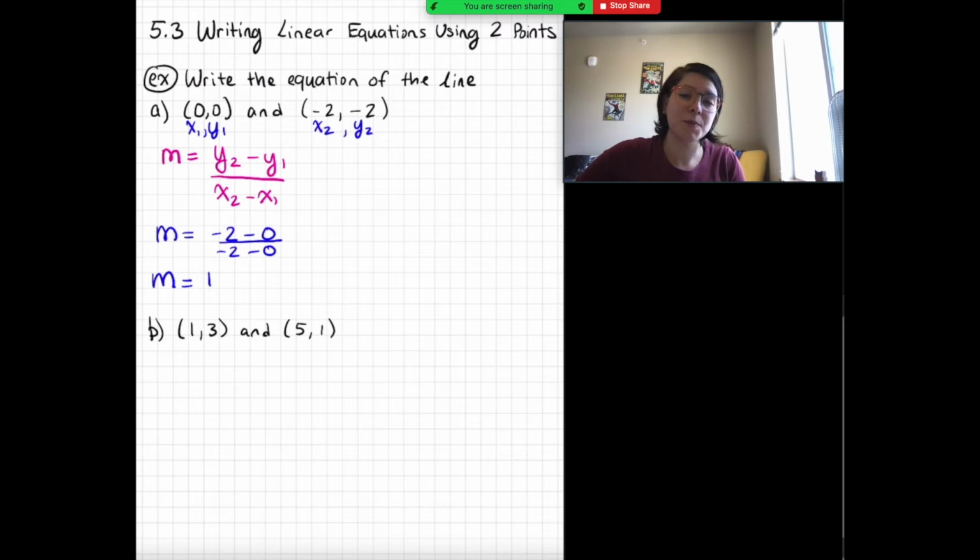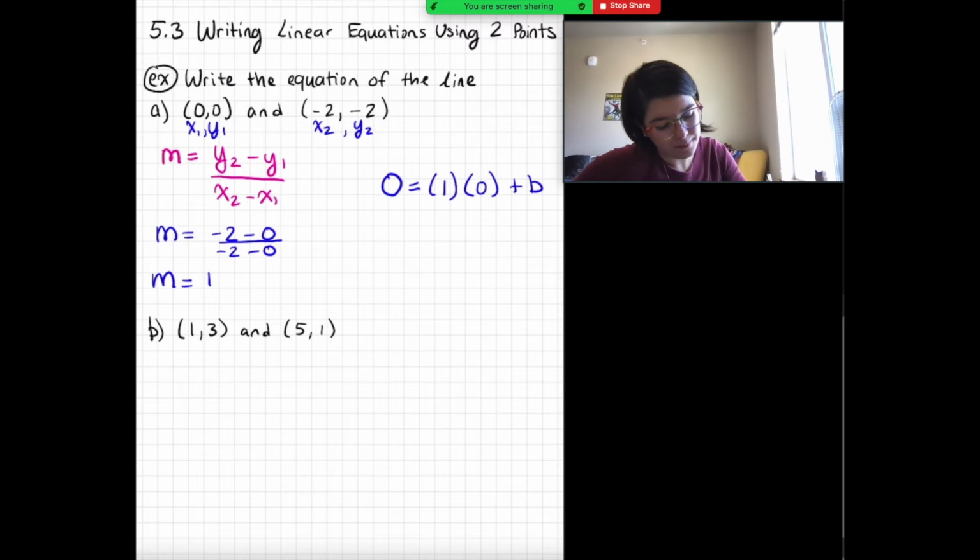Now this problem just becomes what we've been doing before. We have a slope, we have a point, so we can just plug everything we know in and solve for b. And with these ones, what you want to do is just pick one point from the 2 they give you and plug it into your equation. So we're given the point (0, 0), so I'm going to go ahead and use that. So 0 is our y. Our m is 1, our x is 0, and we'll figure out our b.